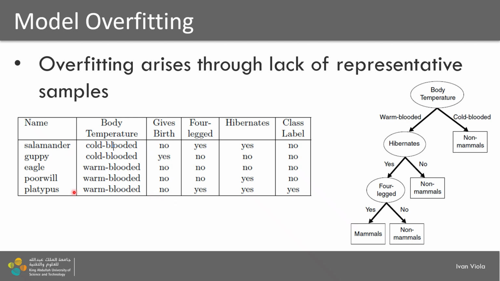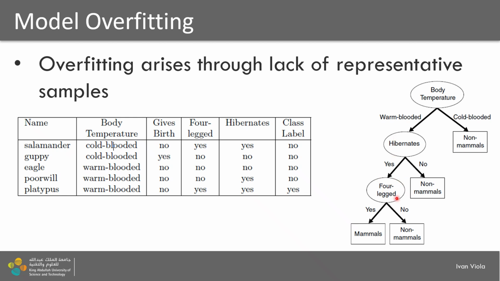So given this data set, if we build the decision tree, we can see that warm-blooded determines the likelihood of being a mammal, and then it hibernates. So this is already very strange because typically the mammals do not hibernate, maybe with few exceptions, as for example the platypus here.